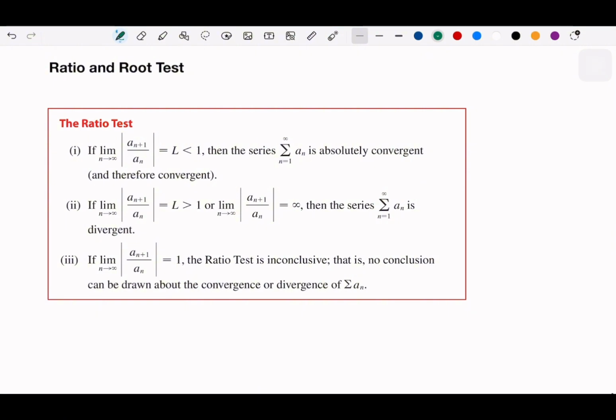It works like the previous absolutely convergent test, so we take the absolute value. It's actually using some statement from the alternating series, where you can just take the absolute value and check the result. So basically it goes ahead compared with the previous alternating series. You could directly compare an plus 1 with an, and if this is less than 1, then you can go for absolutely convergent.